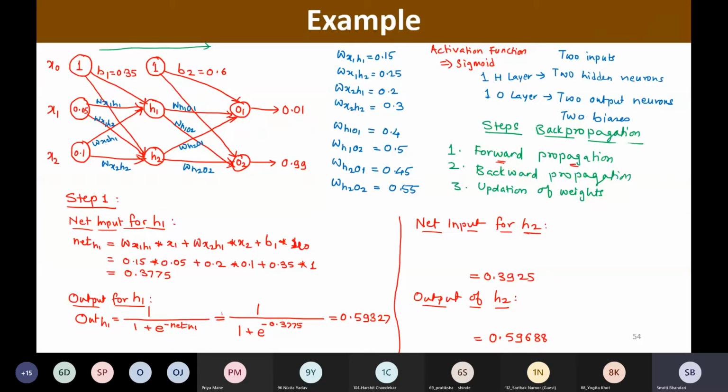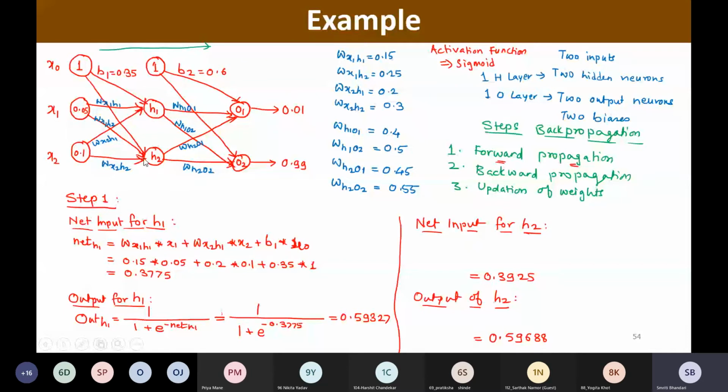So I hope now you must have got the idea of how the multi-layer neural network actually learns, right? In this example, we are having a two-layer neural network. This is the input layer that we have. We are having one hidden layer and one output layer.